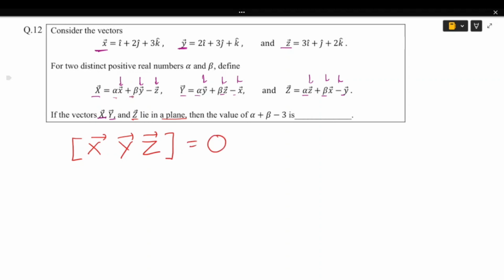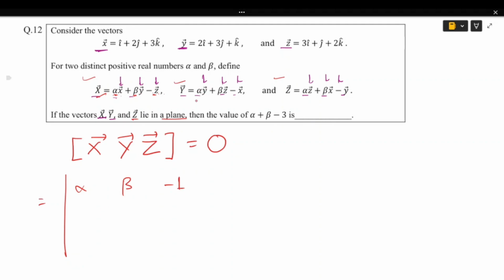Now, since they are already linear combinations of the vectors x, y, z, by using the determinant property we separate the coefficients of the x vector, y vector, z vector for each of capital X, Y and Z, and we can evaluate the triplet product. For capital X vector, the coefficients are alpha, beta and -1.